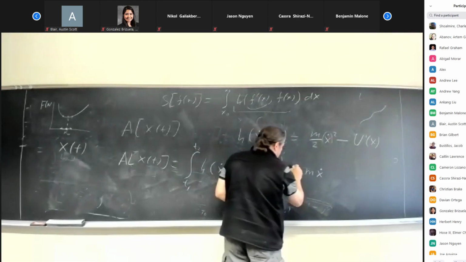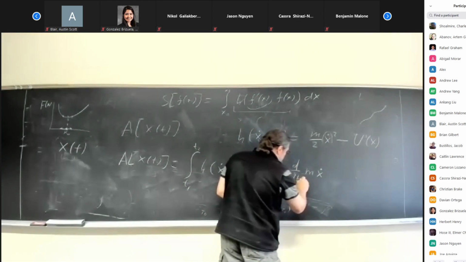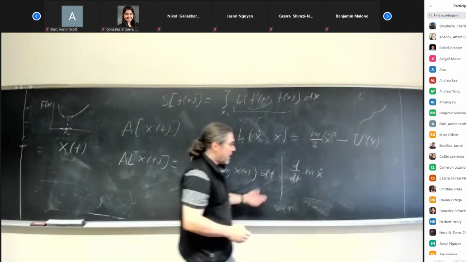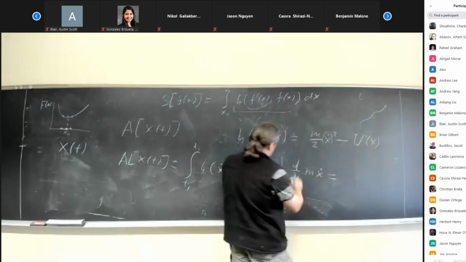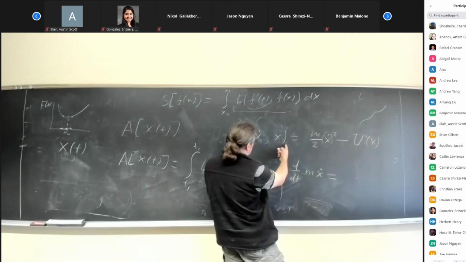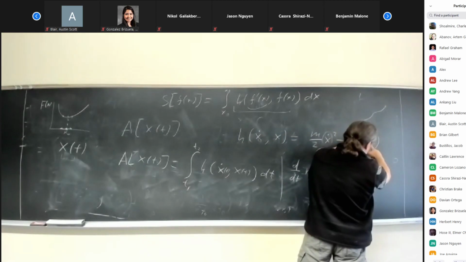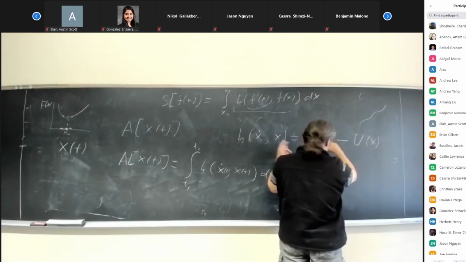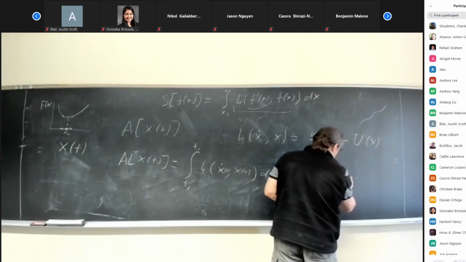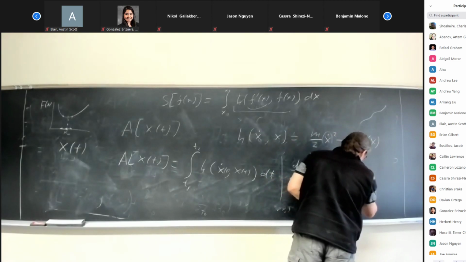Now we have d over dt, right? And it must be equal to the derivative of this function with respect to the second argument. The second argument is only here. x dot is my first argument, x is the second argument. So you have minus dU over dx.